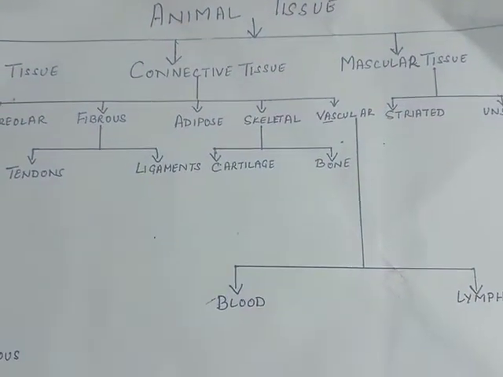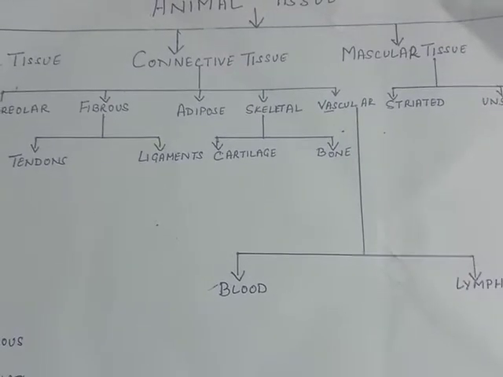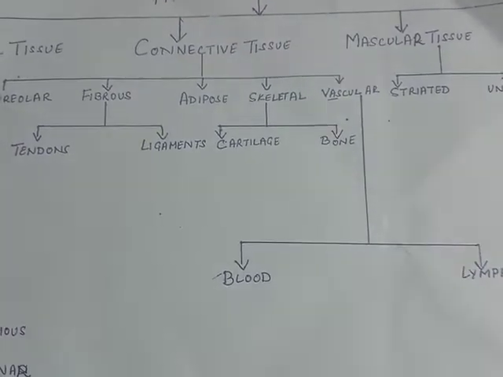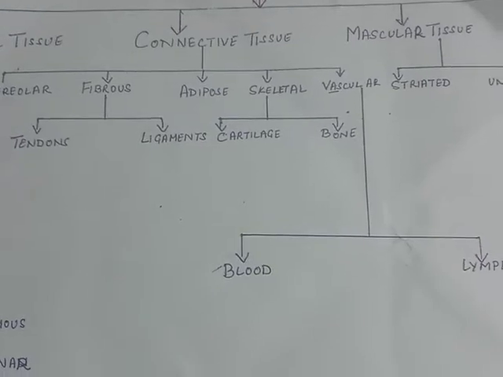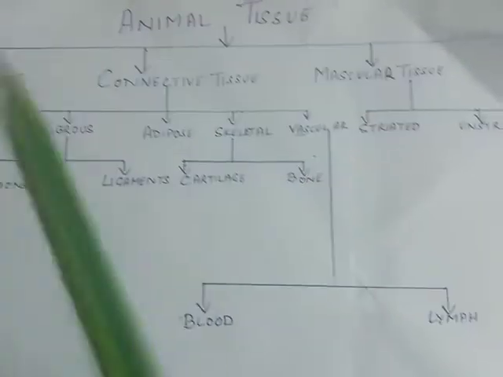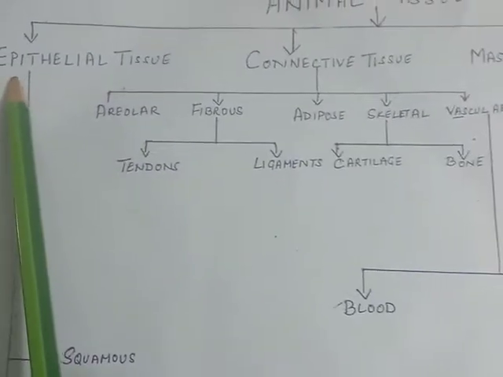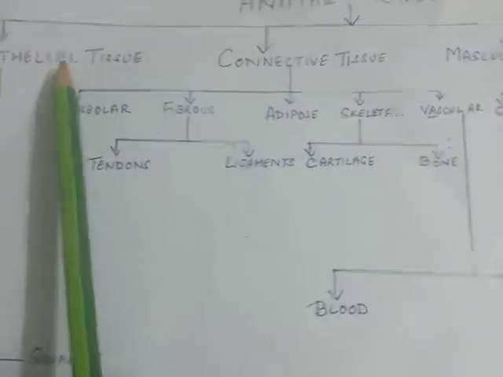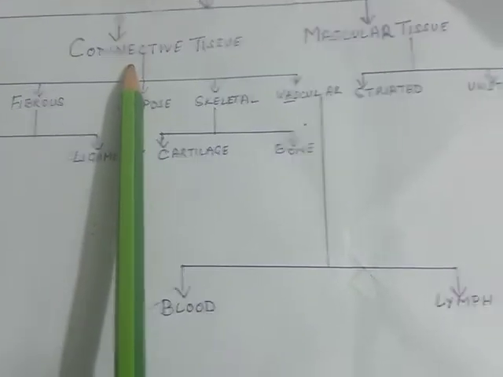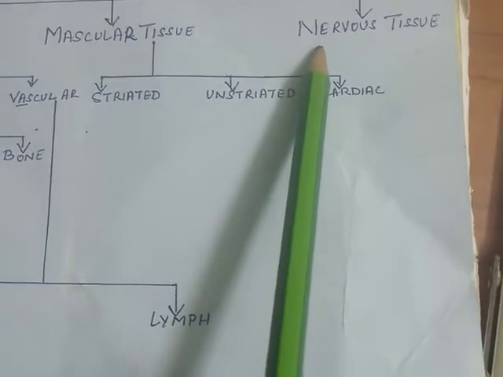Hello everyone. In this session we will study another type of animal tissue. As I told you in the previous session, animal tissue is divided into four types: epithelial tissue, connective tissue, muscular tissue and nervous tissue.